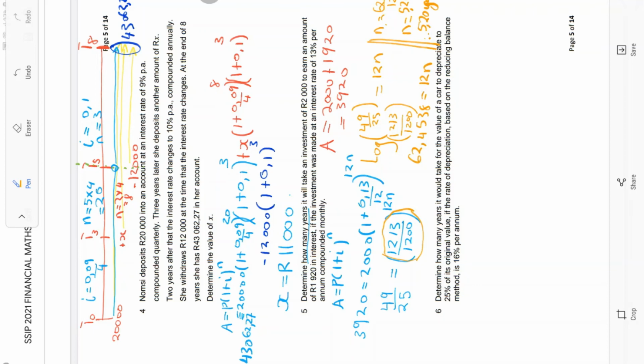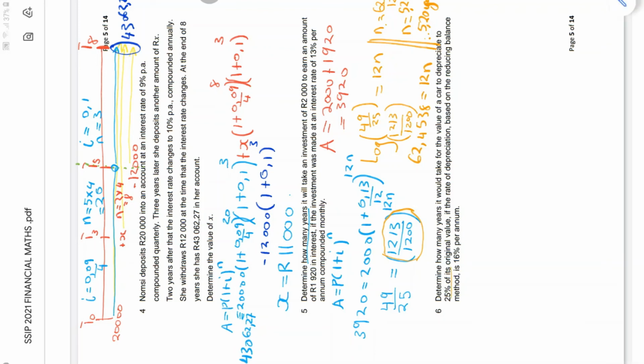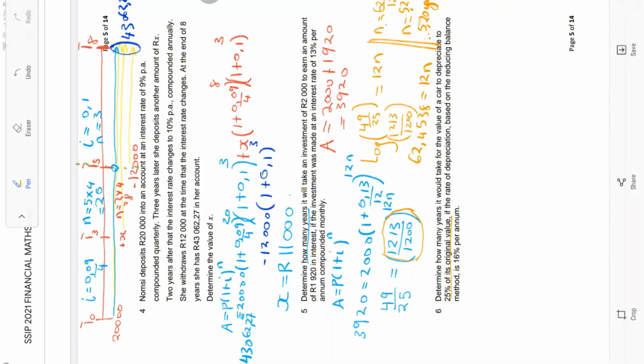about financial growth and decay is question number 6. Determine how many years it will take for the value of a car to depreciate to 25% of its original value. That statement is important. If the rate of depreciation based on the reducing balance method is 16% per annum, so you have to ask yourself, what is actually 25% of the original?